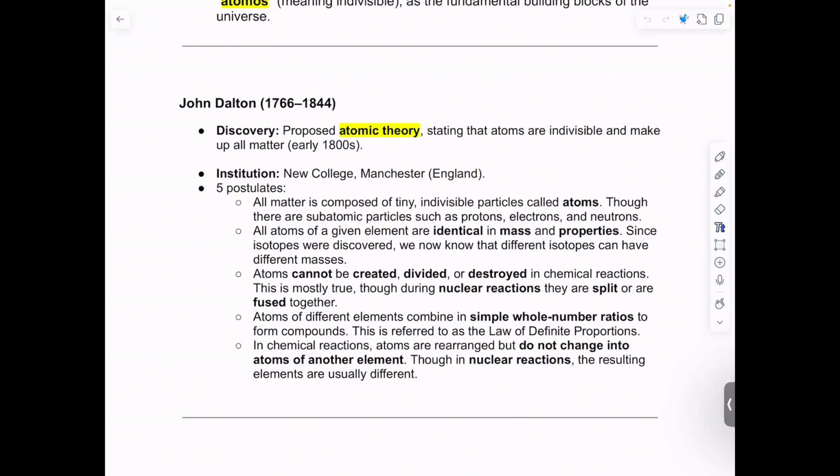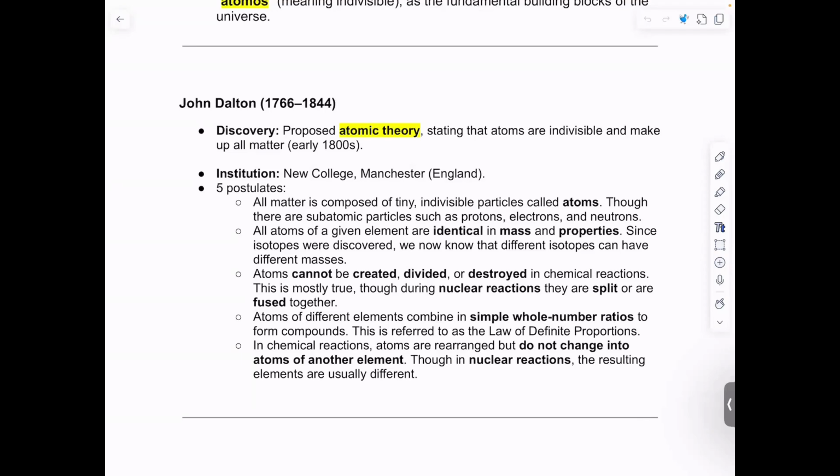And then when we go down to the fourth one, we have simple whole number ratios. We know elements can combine in simple whole number ratios to form compounds, and this is referred to as the law of definite proportions. So no issues there per se. And then the last one: in chemical reactions, atoms are rearranged, but they don't change into atoms of another element.